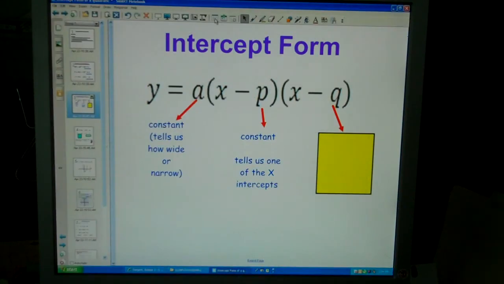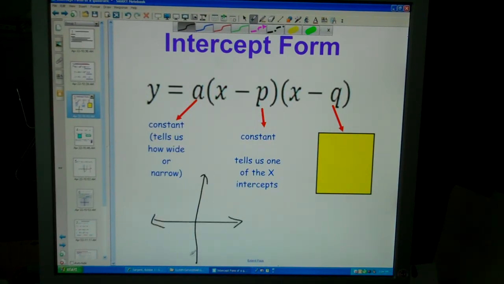So let me get my pen so I can draw a little picture here. Pen, let's do black. Okay? All right, there's my coordinate plane real quick. X, Y. Now I told you we're going to be looking at the x-intercepts, okay? So this P right here, whatever number would go in there, tells me where it's going to hit on the x-axis. Now if I have a parabola, I kind of missed my intercept there.